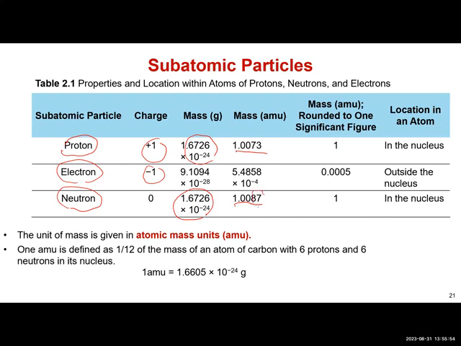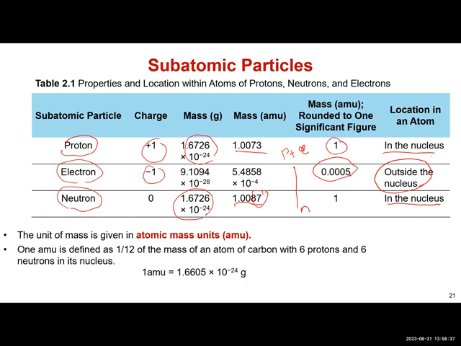But neutron mass is a little higher because proton plus electron become a neutron. Therefore, there's extra mass coming from the electron. The electron mass is very small, about 10,000 times less than 1. Protons and neutrons are found in the nucleus. Electrons are found outside.